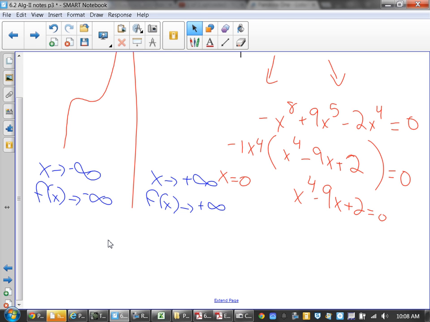That's what it looks like. Sorry, I was thinking of the other problem. Both tails are pointing downward. We're going to start talking more about localized maximums and minimums, and how you find all the rest of these zeros. But we start with the tail ends and go from there.